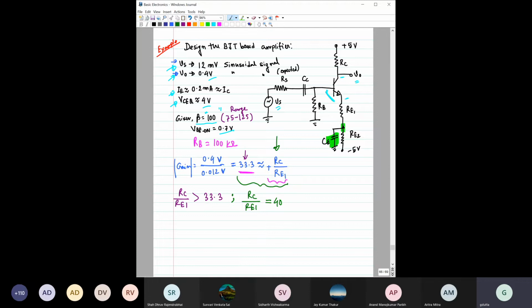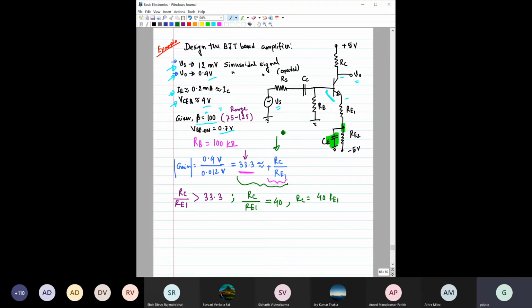That's how we should approach designing any circuit: start from some approximation, get closer values, then check and do some fine tuning to adjust the other parameters. So RC by RE1 is close to 40. That way we can say RC is equal to 40 times RE1, right?